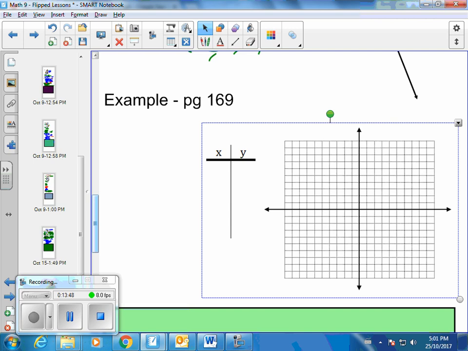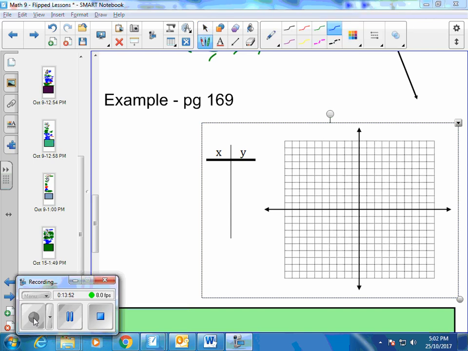So on page 169, we have a kind of multi-step problem going on here. What they have is a student council holding a dance. The profit in dollars is 4 times the number of students who attend minus $200 for the cost of the music. So the first thing is we need to write an equation that relates the profit to the number of students who attend. Well, they already laid it out for us. They just happen to do it in English.